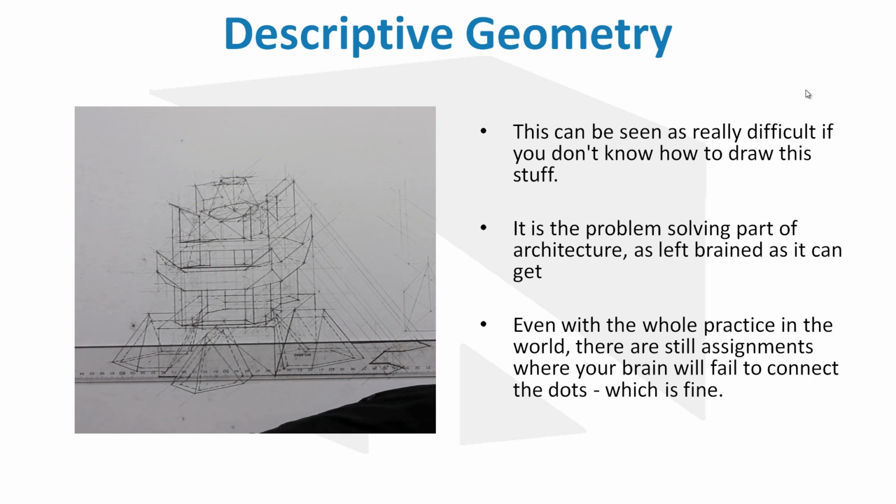It's 100% about you problem solving, and it's as left brain as it can get, because you need to figure out how to draw certain things that don't make sense. And again, with all the practice you could get in descriptive geometry, there's always going to be stuff that just doesn't make sense, and stuff that you can't see in 3D yet, right? Until you make the upgrade in your mind.